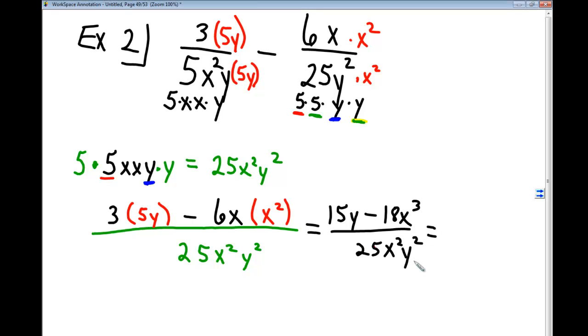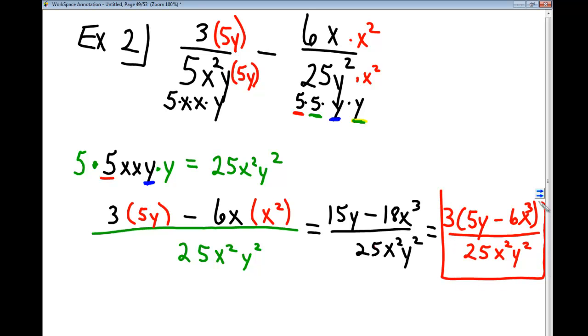I can still take out the greatest common factor. There is a 3 in common with the 15 and the 18. And that leaves 5y minus 6x cubed. And this is my answer.